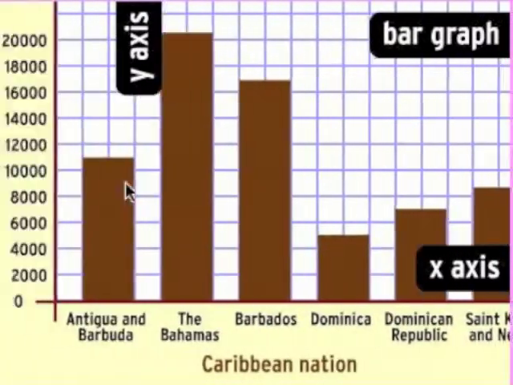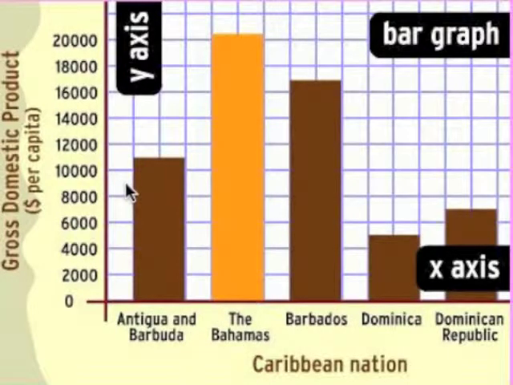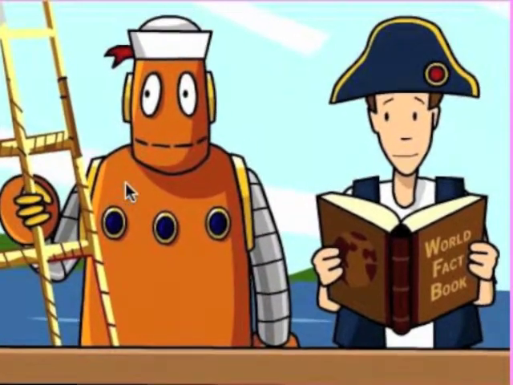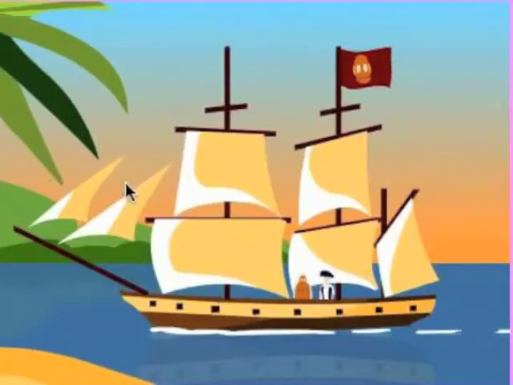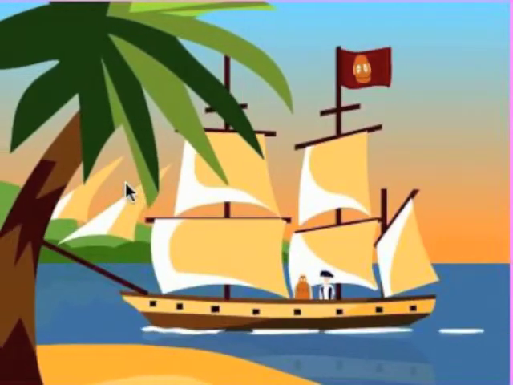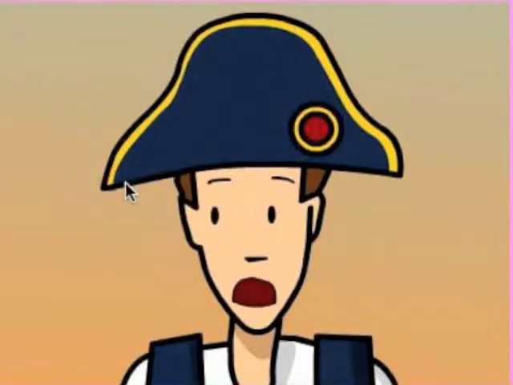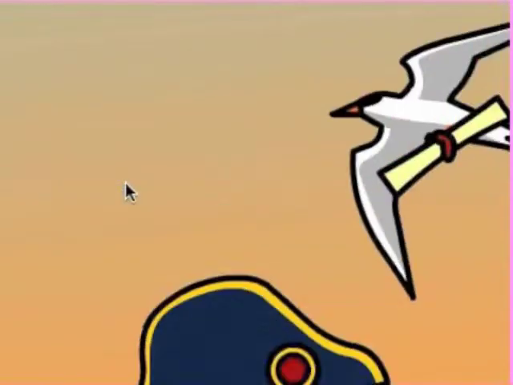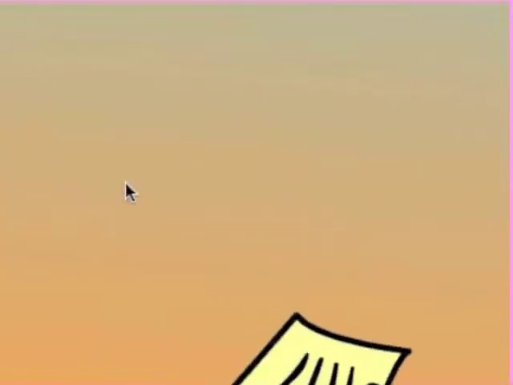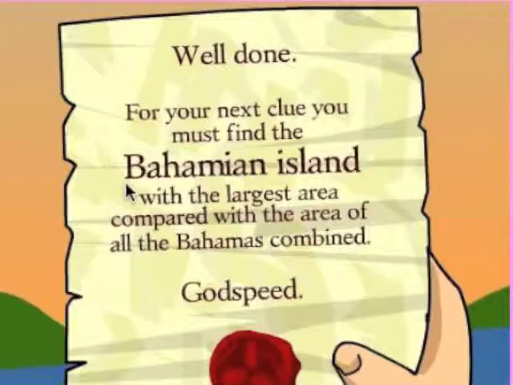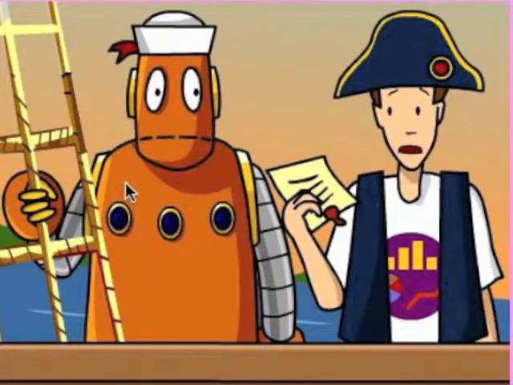Looks like we're headed to the Bahamas. I wonder what we do now. I really want to find this monster of youth. Well done. For your next clue, you must find the Bahamian island with the largest area compared with the area of all the Bahamas combined. Godspeed. Okay, who's sending us these things, and how can they see us?